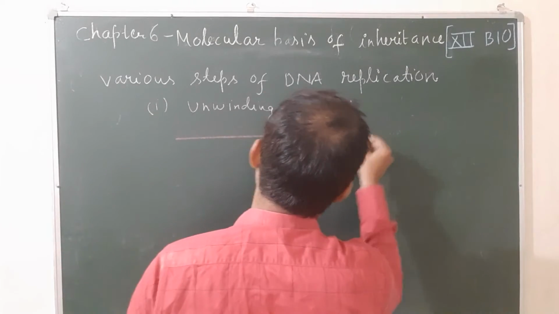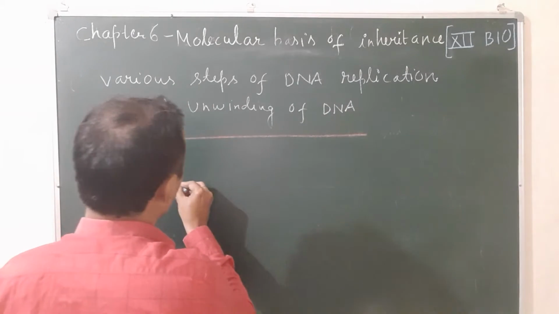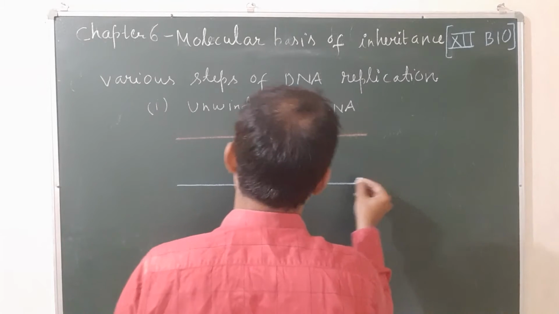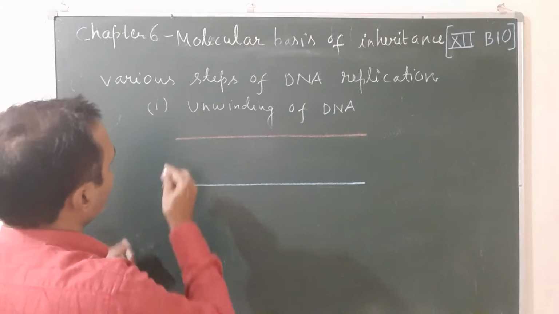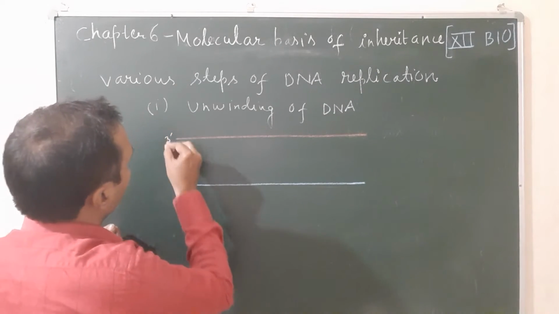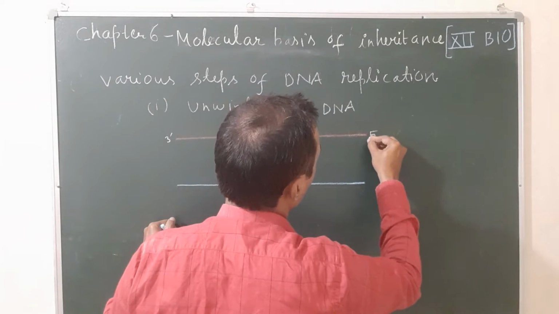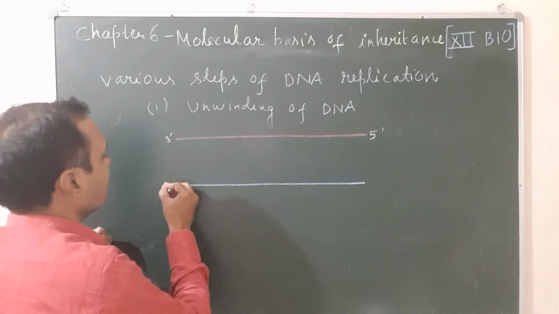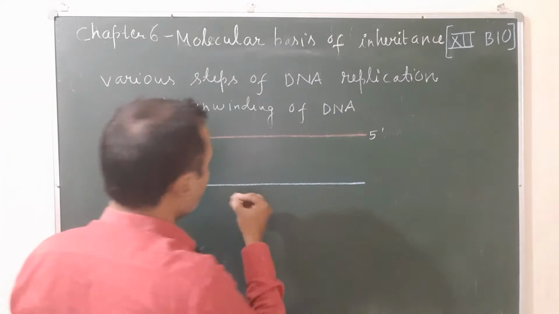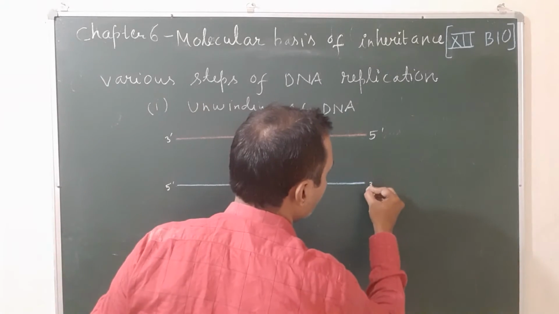This is the double stranded DNA having polarity. Here you can write polarity 3' to 5', and in this case you can write 5' to 3' polarity.